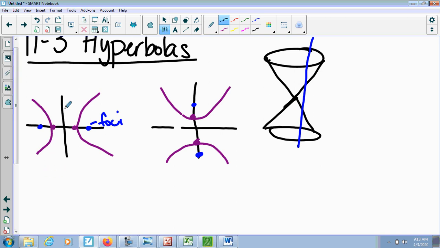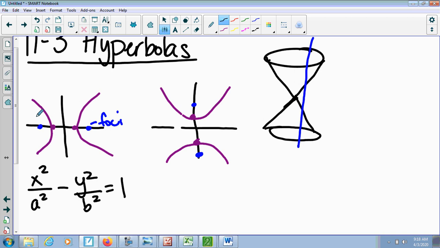So if you're going from side to side, your x squared is the first thing you start with. So we'll have x squared over a squared minus y squared over b squared equals 1. The only difference between the hyperbola equation and the ellipse equation is that you have a minus sign instead of a plus sign.